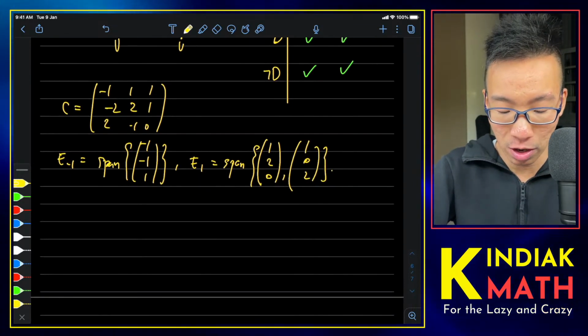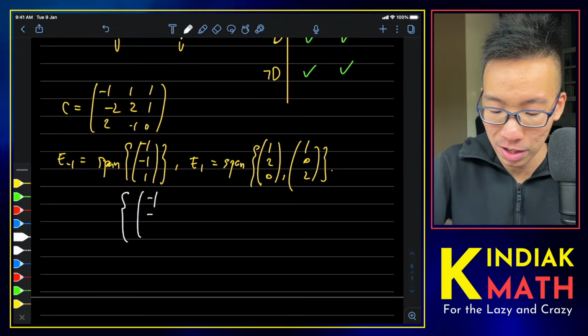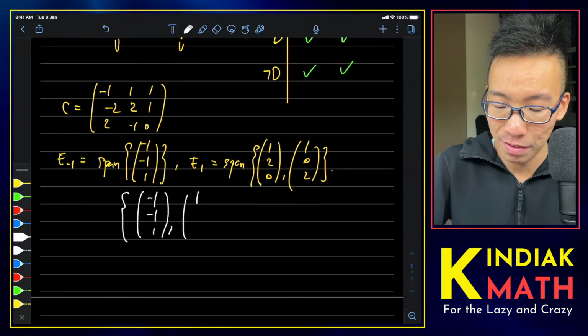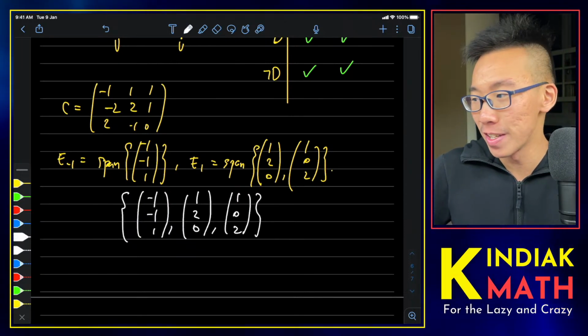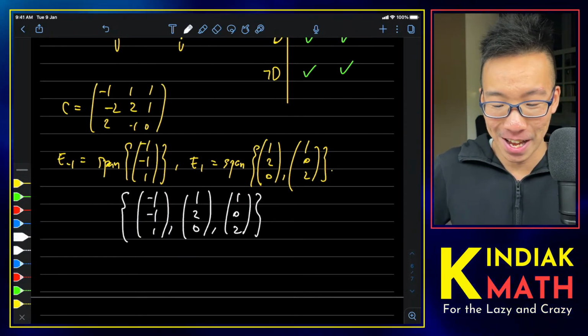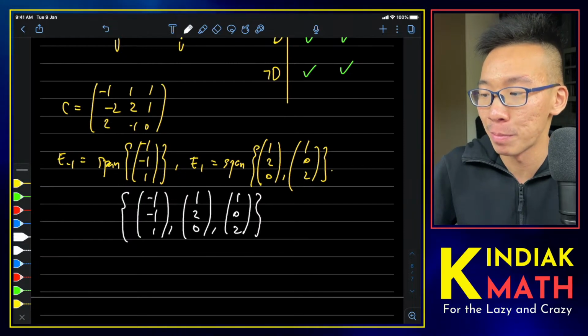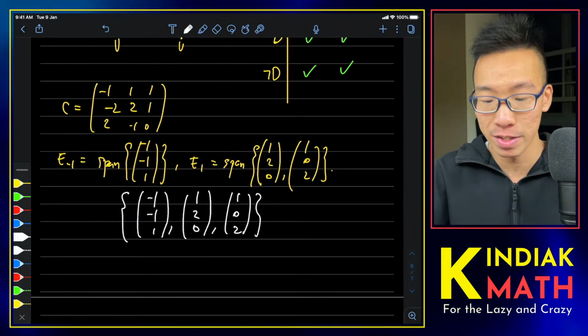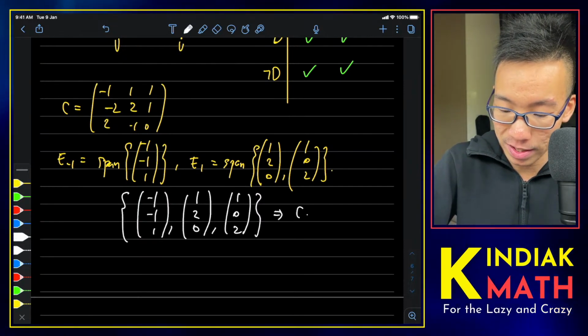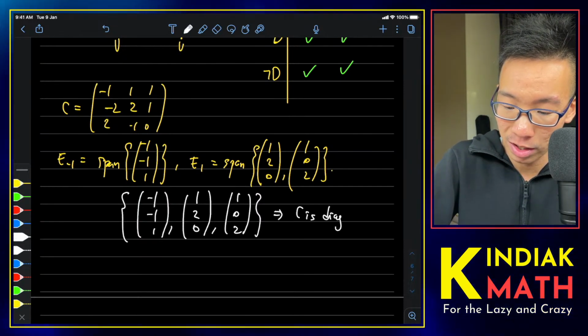Firstly, we observe that we do obtain 3 eigenvectors, and we can prove that this must be linearly independent. If you're curious, I can do that. What this means is that we have 3 linearly independent eigenvectors, which means that C is diagonalizable.